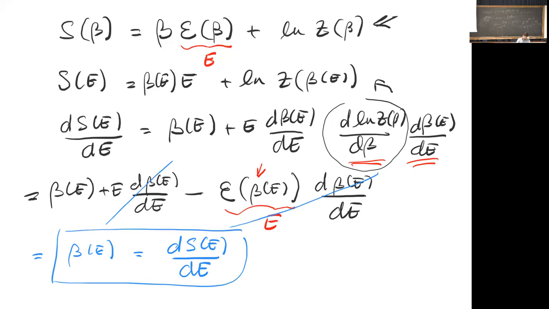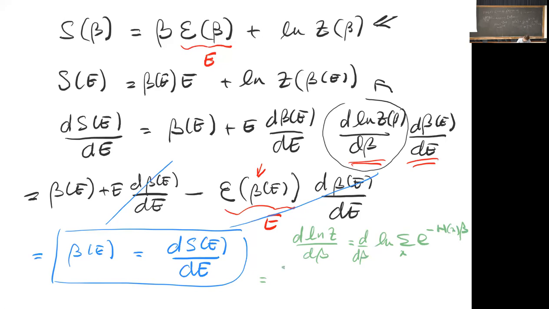So the remaining thing that we didn't show is d log Z over d beta, which is the derivative with respect to beta of the log of the sum over x of exponential of minus beta times Hx. And what is this? The derivative of the log of f of x is f prime of x over f.